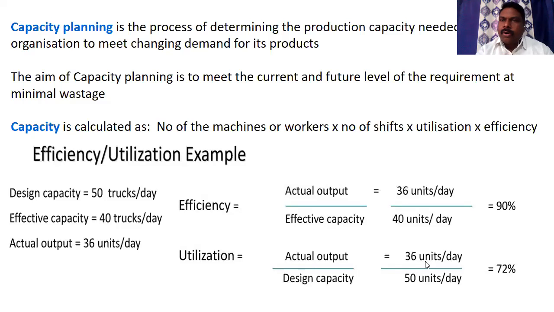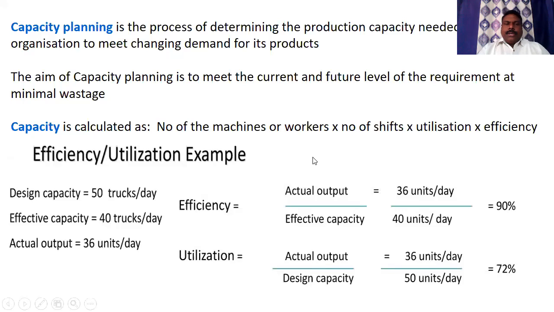For number of machines, you have to take the units, and number of shifts, the units, but utilization and efficiency are percentages. For example, design capacity is 50, effective capacity is 40, actual output is 36. Then efficiency we are going to calculate by actual output by effective capacity. Utilization is the actual output by design capacity, that is the 72%, and 90% you can see.